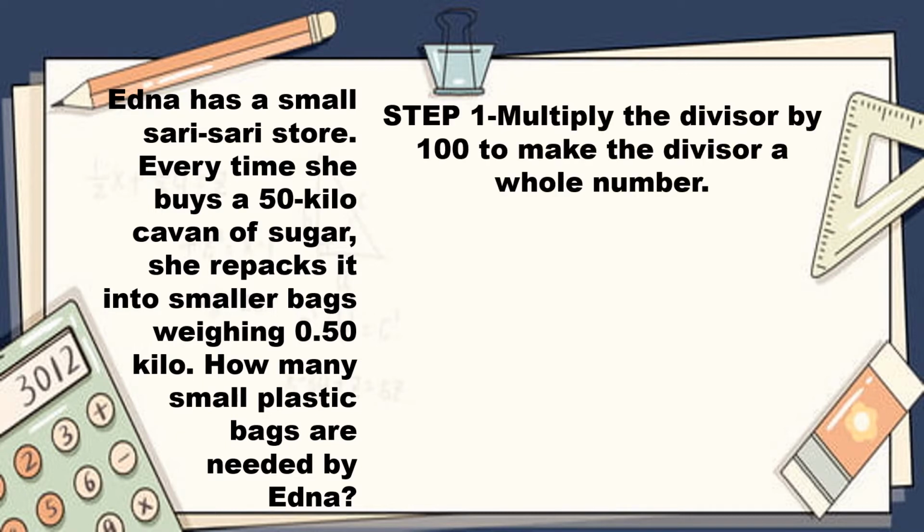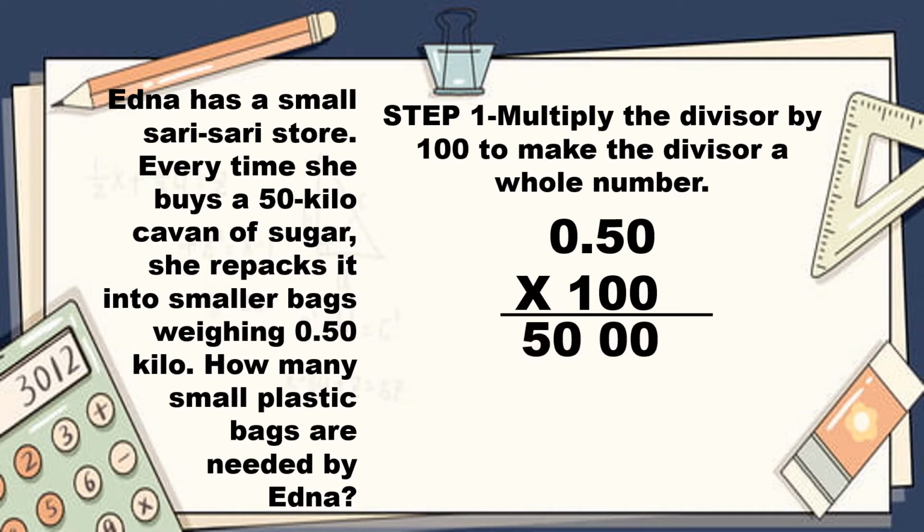Step 1. Multiply the divisor by 100 to make the divisor a whole number. 50 times 100 equals 5,000. Count the decimal places in the factor. 1, 2.